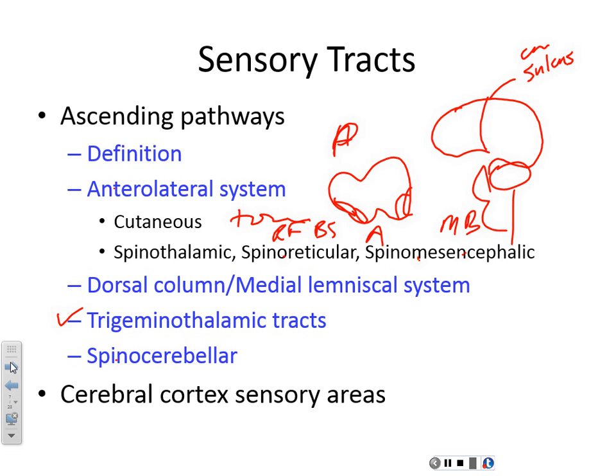And then there's an area specialized for something here and an area specialized for something there. So this area will be the pre-central gyrus because this is the frontal cortex, right? And this is the area called the post-central gyrus. So sensory is located here or there is my question.